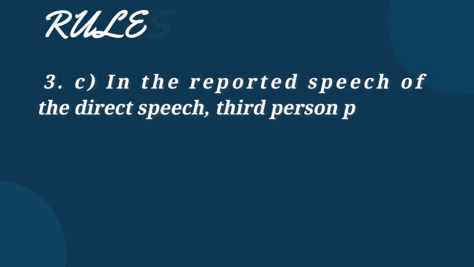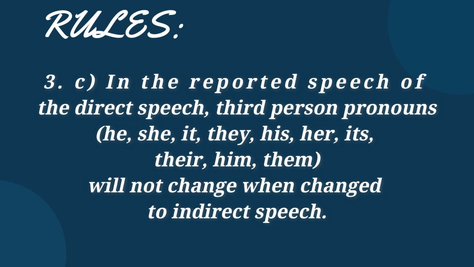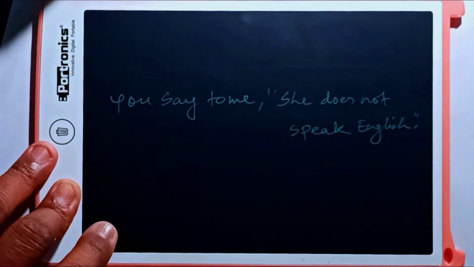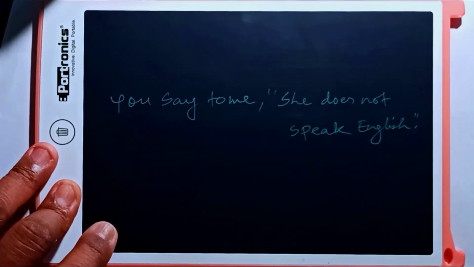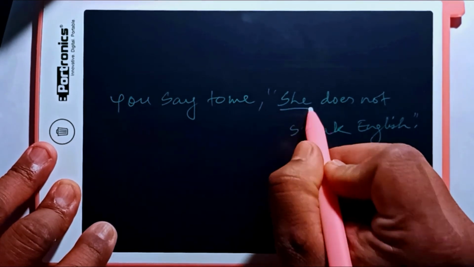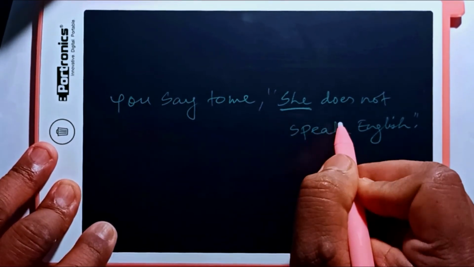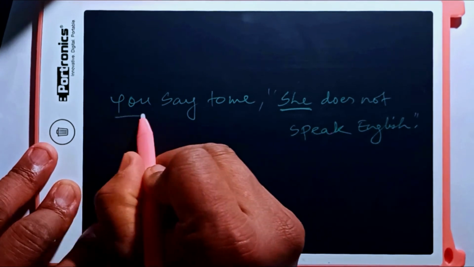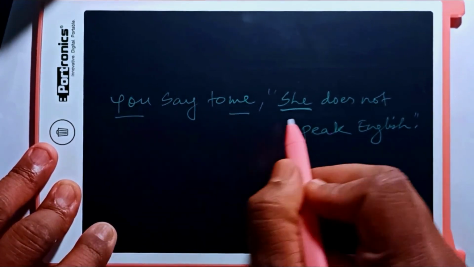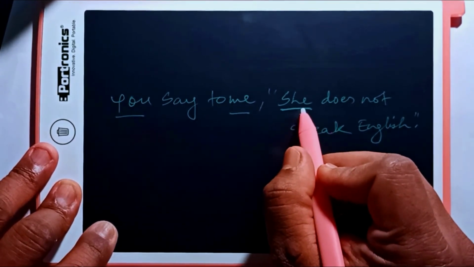Let us now look at the third of the third rule. In the reported speech of the direct speech, third person pronouns such as he, she, it, they, his, her, its, their, him, them will not change when changed to indirect speech. According to our rule, if we have a third person pronoun in our reported speech, then neither the subject nor the object is going to affect it.